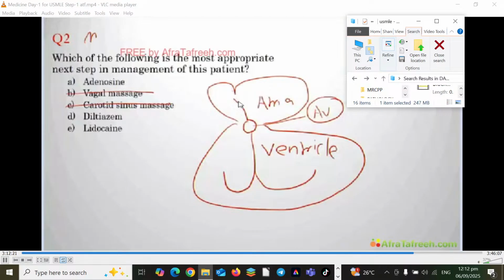So we give drugs which have a negative chronotropic action, which is diltiazem, so that the ventricles have time to fill up and the hemodynamic status is not compromised. Is it clear? Do you have your answer, Kolkata?